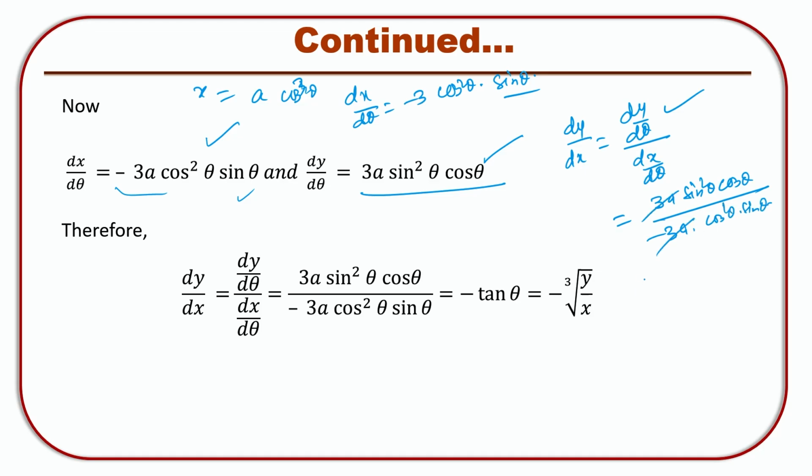3a cancels out, cos^2 theta cancels, sin theta cancels. So it will give you sin theta divided by cos theta, negative. So this gives you minus tan theta. Now since we had used x equal to a cos^3 theta and y equal to a sin^3 theta, you have to put back in the tan theta.